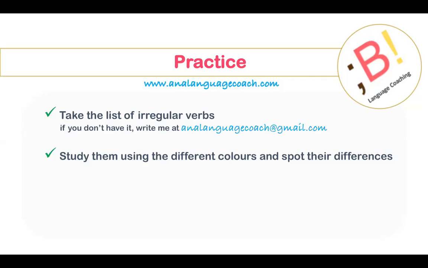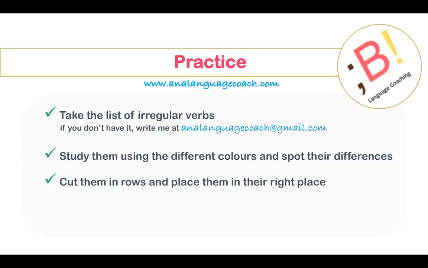You can also enjoy looking for the patterns in the regular verbs. And then we cut them in rows and place them in the right place. When I say cut them in rows, I mean in strips. So you cut them after you have colored them with the right colors, and then you separate them on the table and create the 8 different groups.